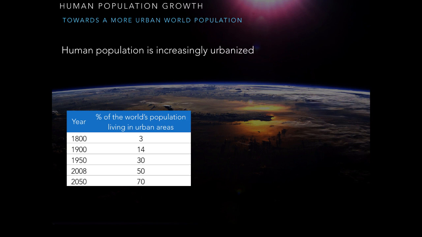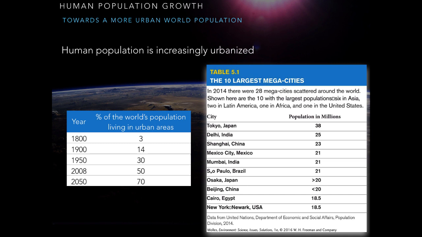Before we finish this question, I would also like to show you this table from 2014, showing you the biggest cities on the planet. We can see that Tokyo in 2014 was the biggest city in the world, with 38 million people living in that city. These are what we call megacities, because they tend to be around or over 20 million people.